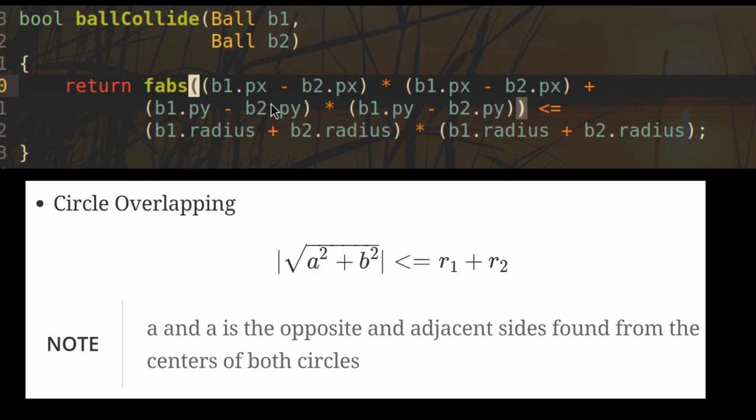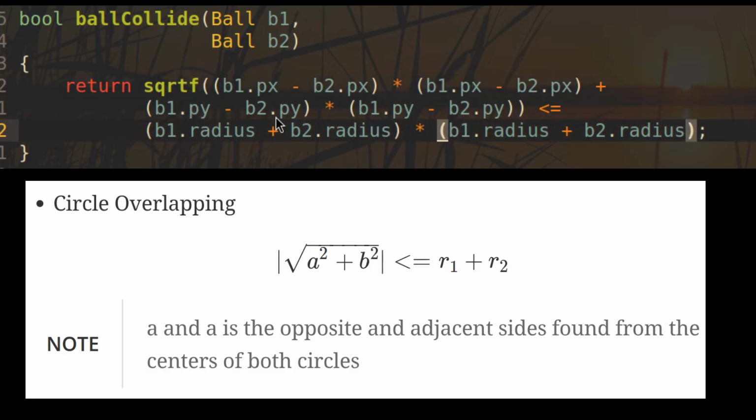than the formula we've seen. In the code I examined, he took out the square root because it took up too much processing power. If we didn't take out the square root, it would look like this.